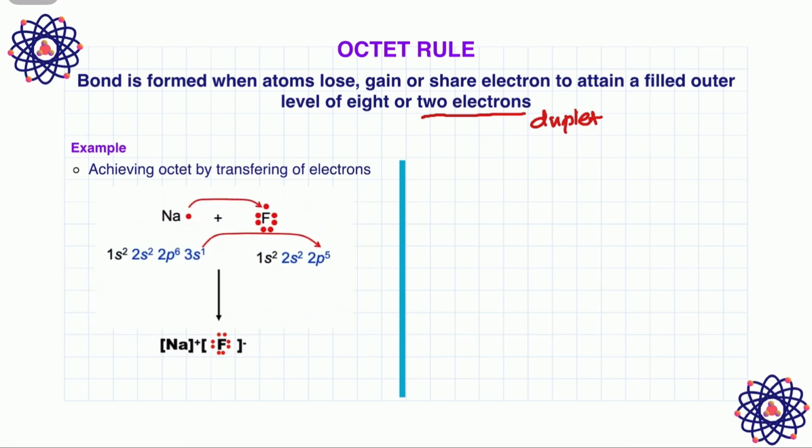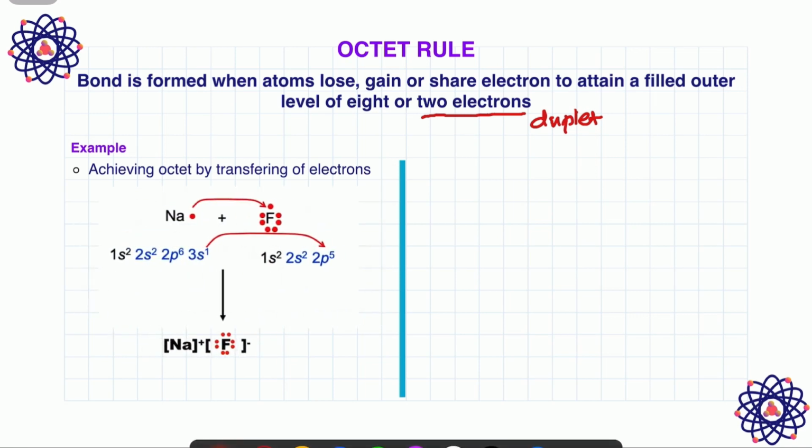Let's see for the example here, I'm using sodium. It has 1 valence electron. From the electronic configuration, it has 1 valence electron in orbital 3s. So to achieve the octet configuration 1s2, 2s2, 2p6, it needs to transfer the electron in orbital 3s to orbital 2p of the fluorine, because fluorine only has 7 valence electrons and it needs another 1 electron to achieve the octet configuration.